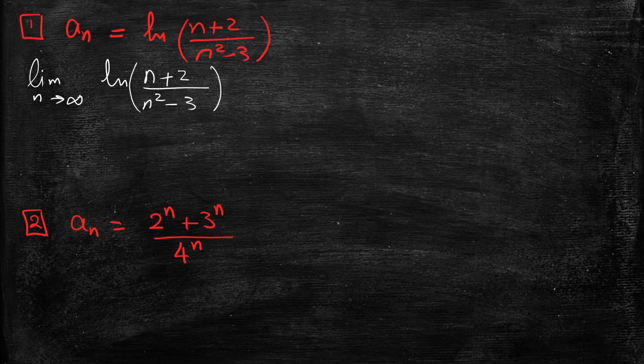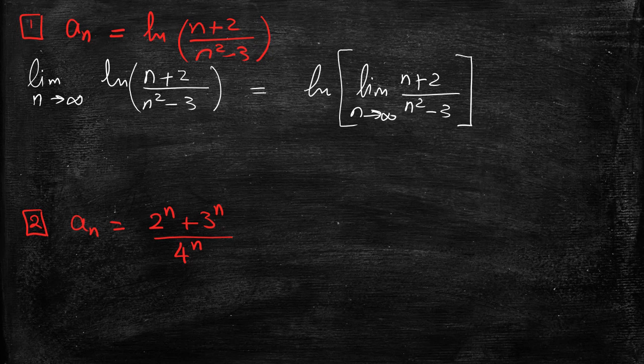If we try to substitute with infinity, it will give us infinity over infinity inside the ln. So just to remind ourselves, I can leave this ln out, and I will take the limit of (n plus 2) over (n squared minus 3) with n approaching infinity, all of this inside the ln.